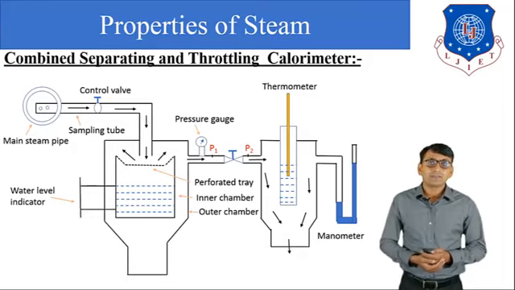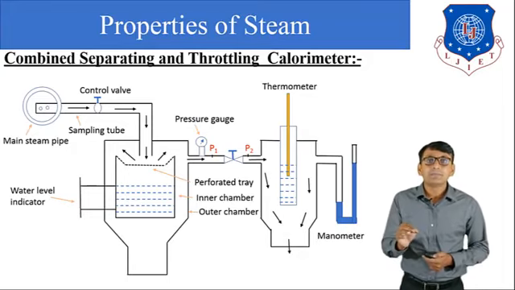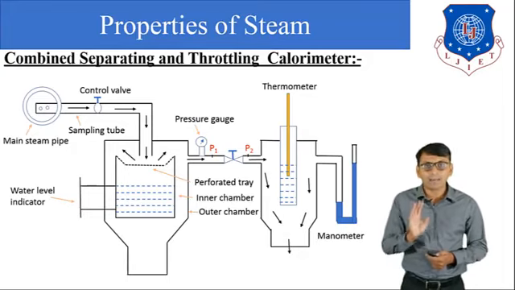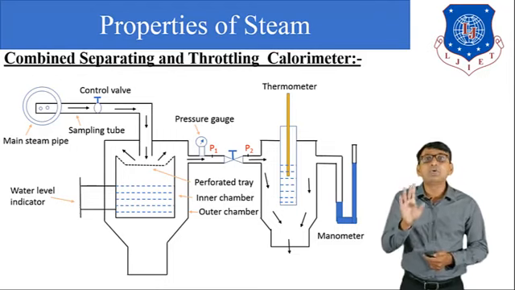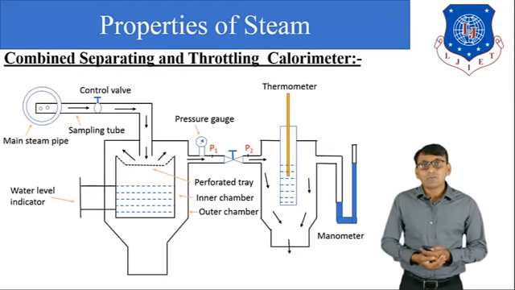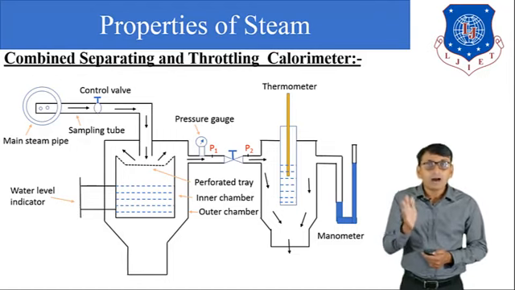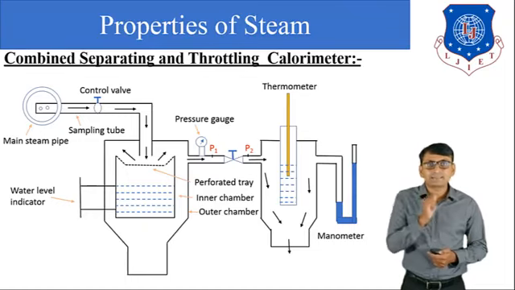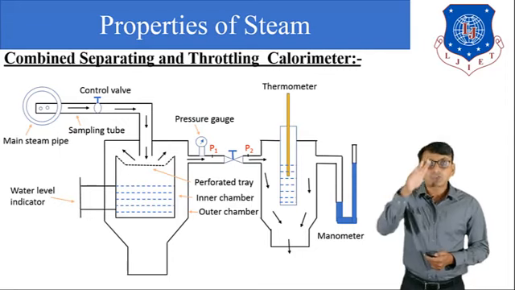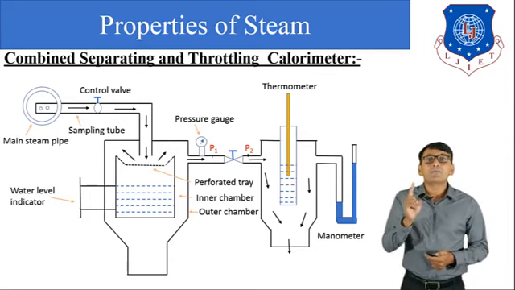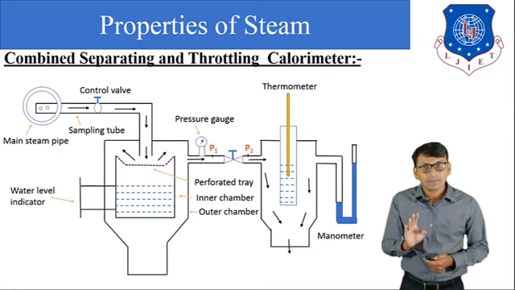First, wet steam is passed in the main pipeline, then some amount of wet steam passes into the sampling tube, and the control valve controls the amount of steam passed. This wet steam strikes the perforated tray.